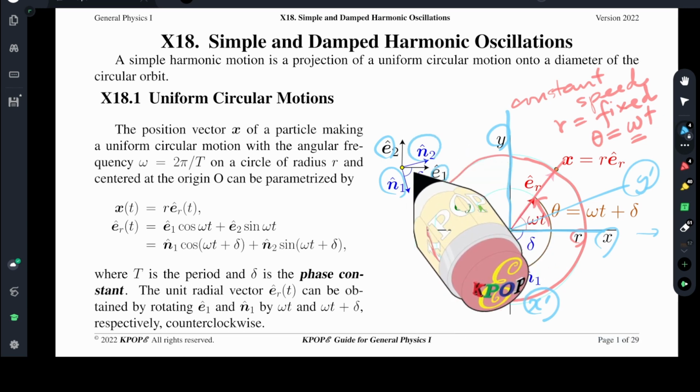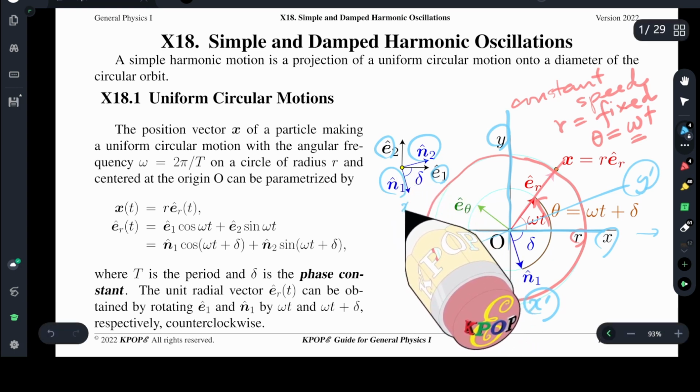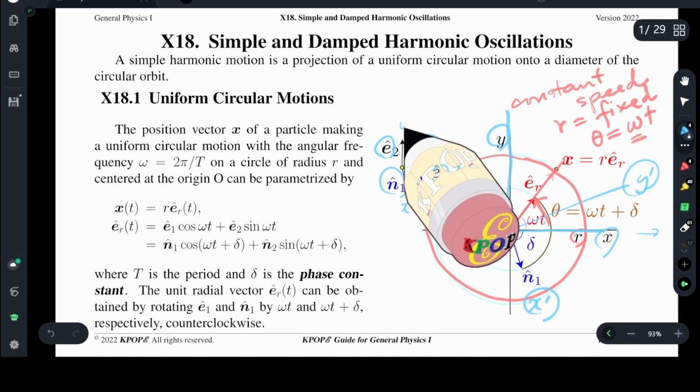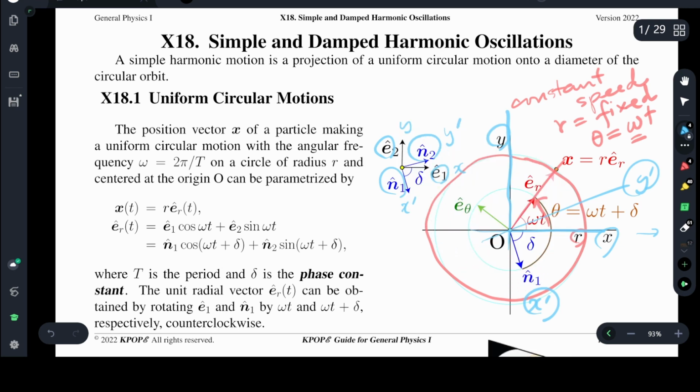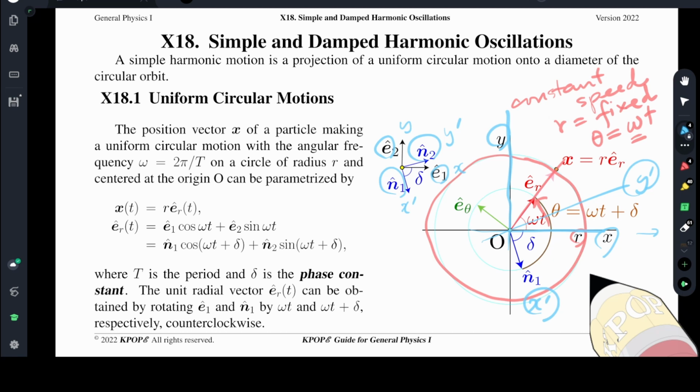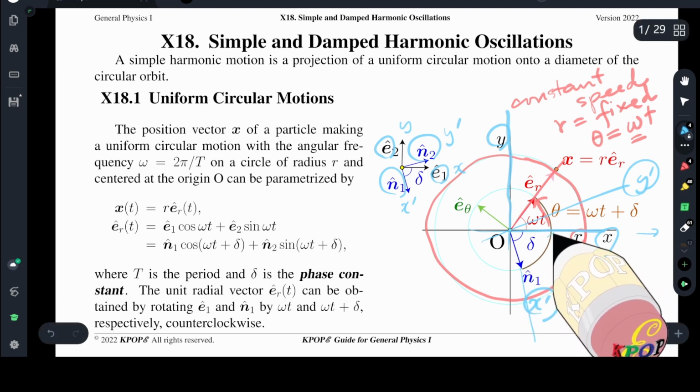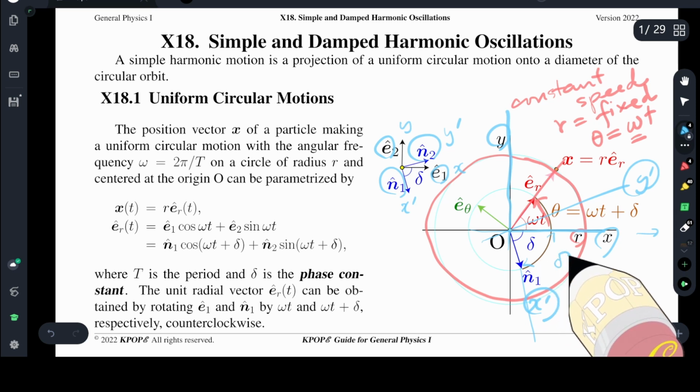In that case, this is the x prime axis and this is the x axis, this is the y axis and the y prime axis. We can measure the angle from the x prime axis. In that case, we have an additional angle delta.